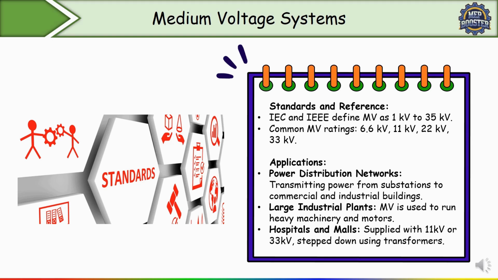The key point to remember is that medium voltage is usually used for power distribution, not for direct end use by consumers. This point is very important, so remember. And this system requires special insulation and safety measures due to high voltage. So this is all about the medium voltage system.